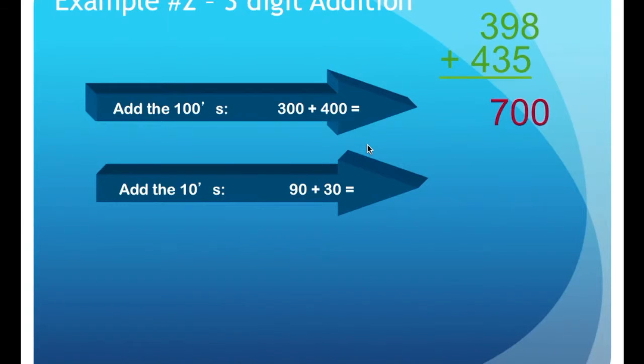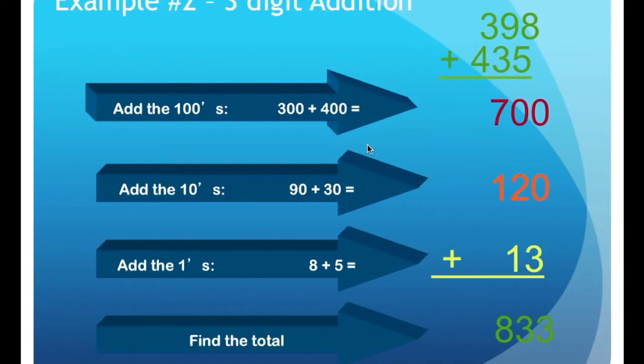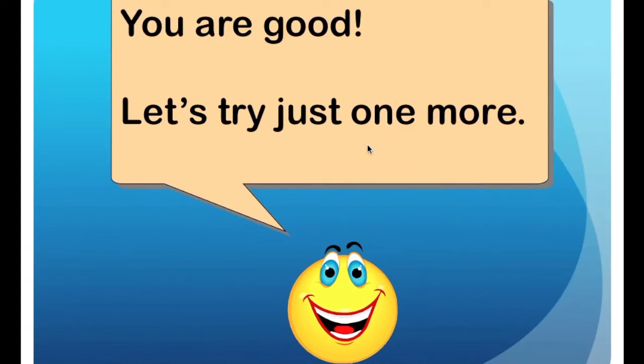Then we add the tens. 90 plus 30 equals 120. And last we add the ones. 8 plus 5 gets us 13. And as the last and final step, we add up all of our partial sums to get 833. You're good. Let's try just one more.